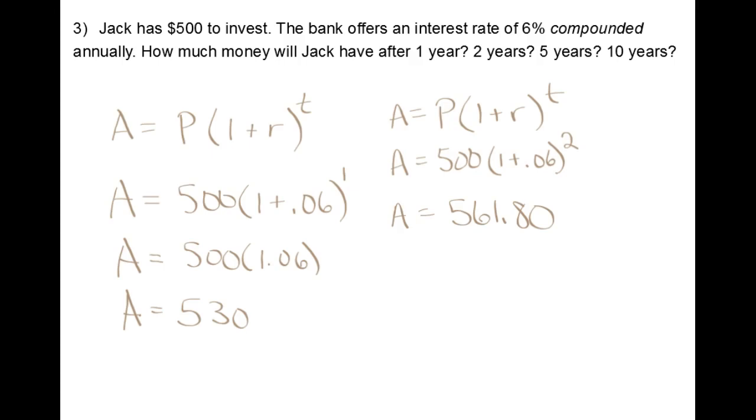So 6%, and actually we can kind of test this out. 6% of 30 is exactly $1.80. So that's kind of cool. It shows that the formula was doing its job. It took that extra $30 that we gained that first year, stuck it into that amount, and on the second year you got an extra $1.80 because of that extra $30. And that builds up over time. Obviously $500, not a ton of money.